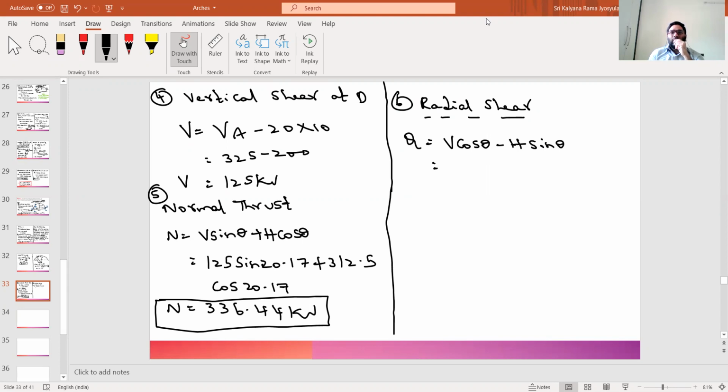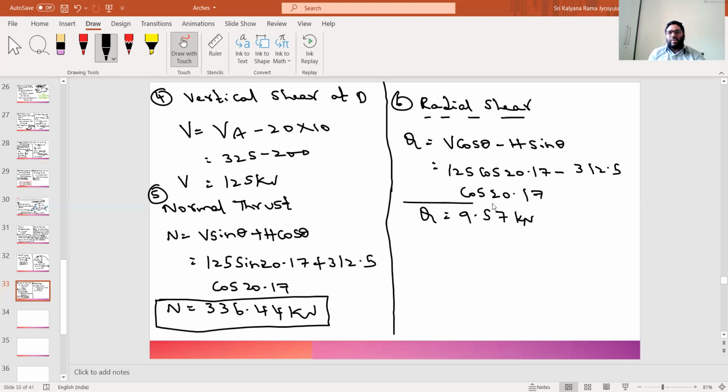When we substitute, you will get 125 cos 20.17 minus 312.5 sin 20.17. So therefore, Q is equal to 9.57 kilonewton.